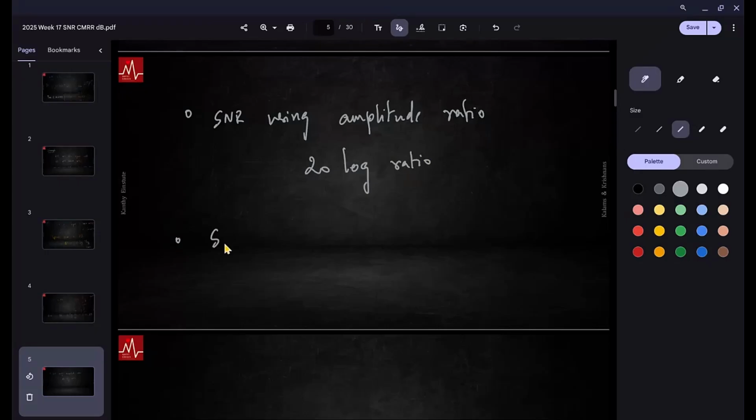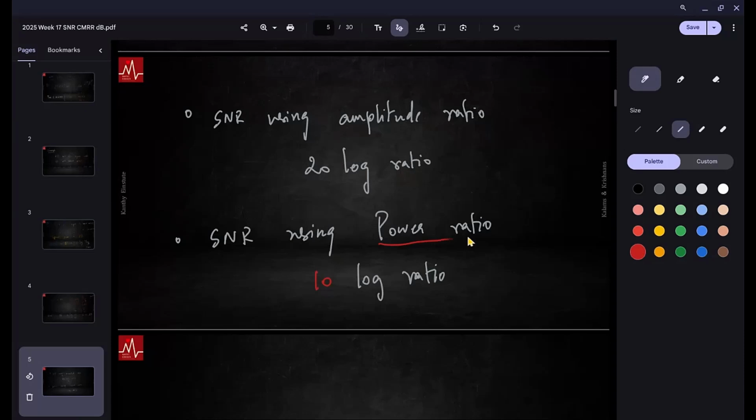Same thing, SNR using power ratio is 10 log of the ratio. So contextually you should be using either 20 log or 10 log. Be careful. And your final units will be in dB.